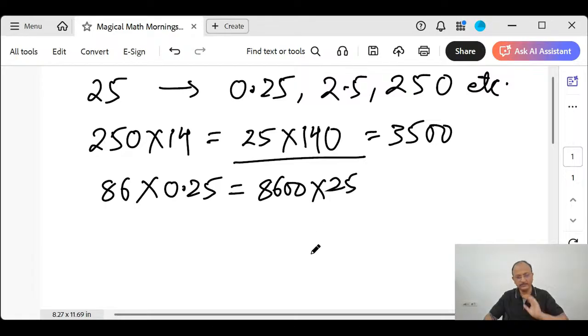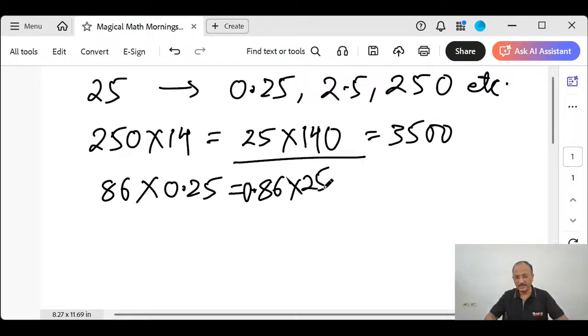Give me the answer. Oh, sorry. I wrote it wrong. It is 0.86 into 25. Sorry for confusing you. By oversight, I have written this one. It is like 0.86 into 25.